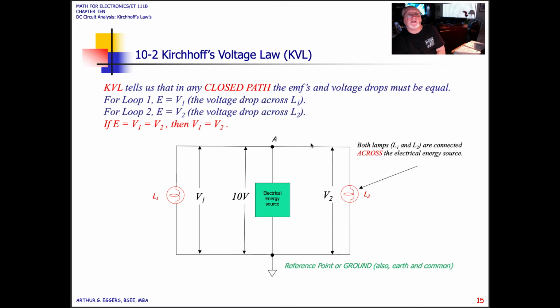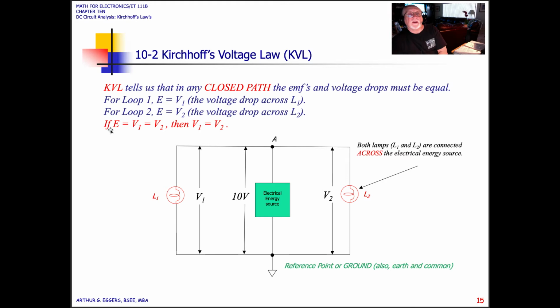Kirchhoff's voltage law tells us that in any closed path, the EMFs and the voltage drops must equal 0. So if we look at loop 1 on the left side, we have the source equal to the drop, V1. If we look at loop 2, we have the source equal to V2, the voltage drop across L2.